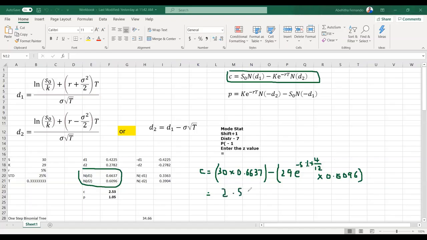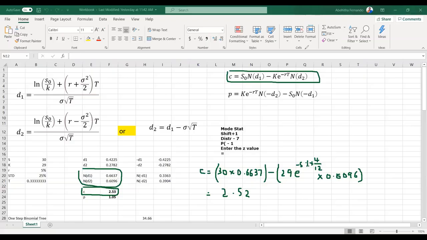In fact, the exact answer will be around 2.53, and the difference is due to rounding-off errors, because here we took only 4 decimal places. We get 2.52, but that's all right. Then look at the next part of the question.